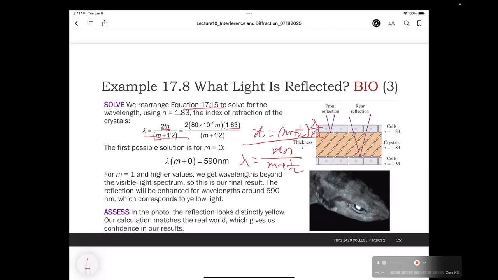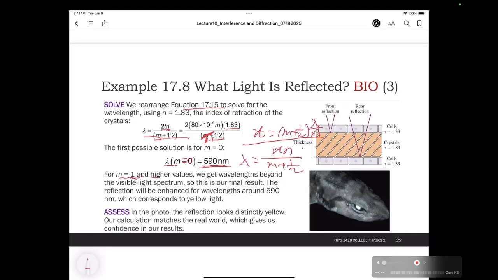We don't know the m, but the first possible solution is for m equals 0. Let m equal 0, and then we get this result, 590 nanometers.